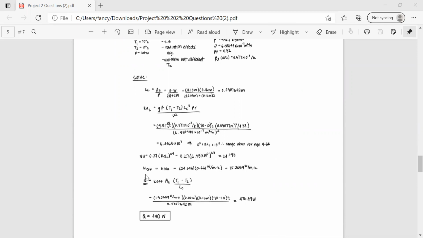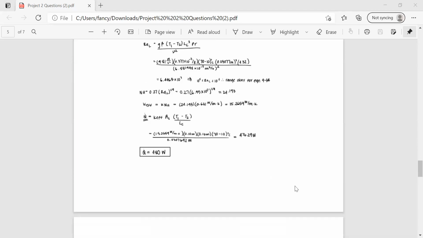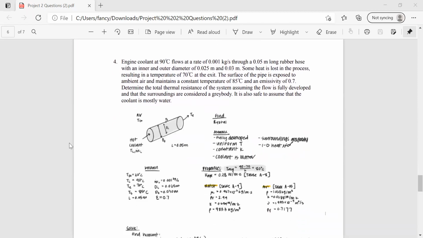And then we need to find the effective thermal conductivity, which is just the regular one times the Nusselt number. Using that effective thermal conductivity, that is how you can model this convective process as conductive. And so this conduction equation shows up using Fourier's law right here. And this is the value that you get.